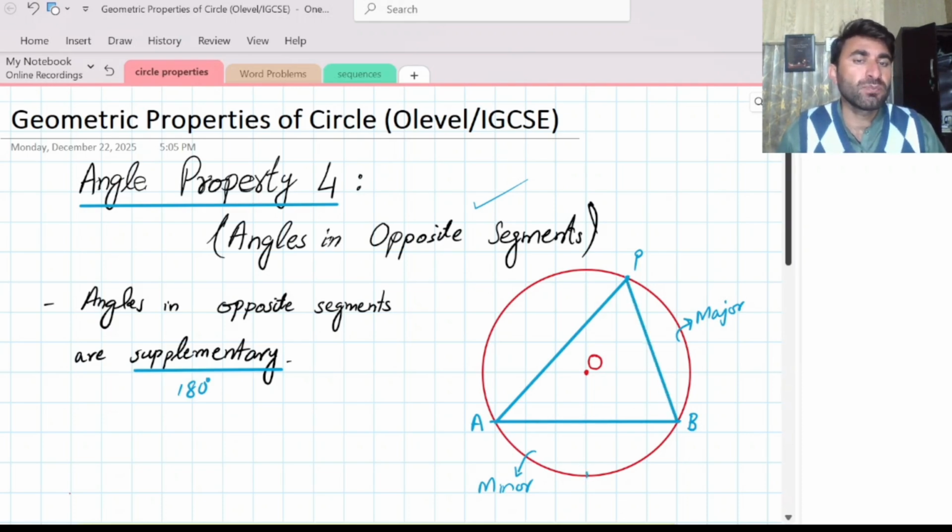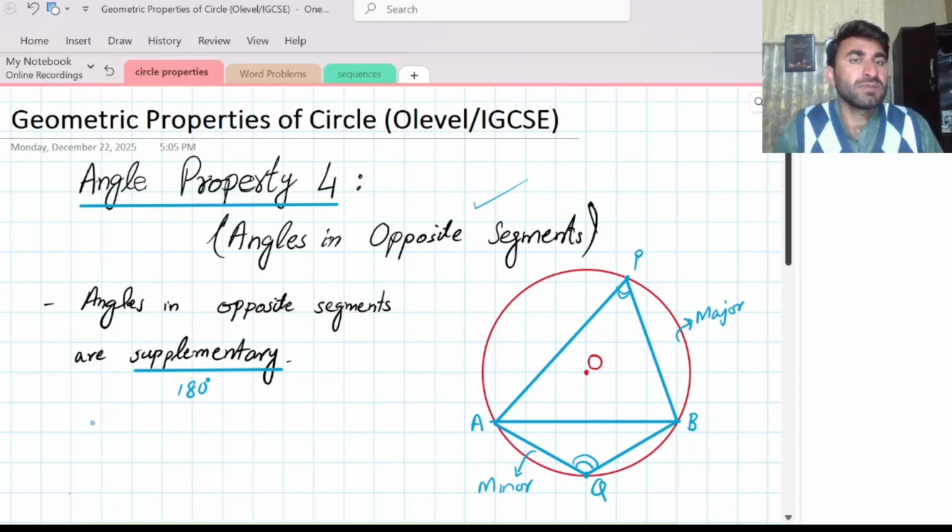Similarly, if I take a point in minor segment Q, and the angle over here becomes AQB. So these two angles APB and AQB are angles in the opposite segments as we see in the diagram.